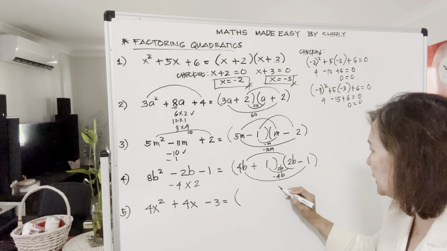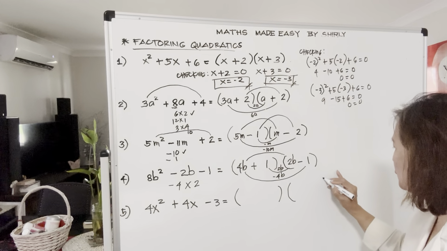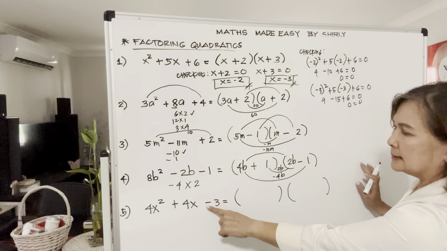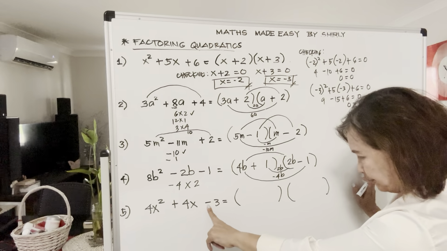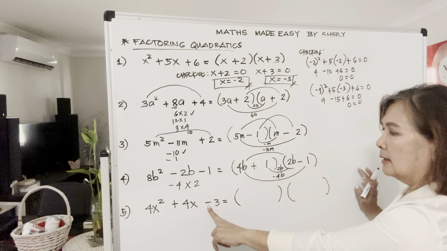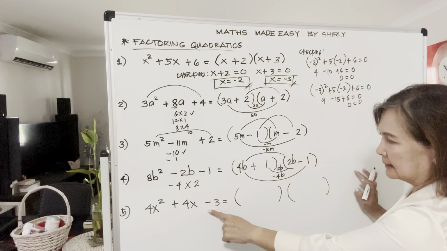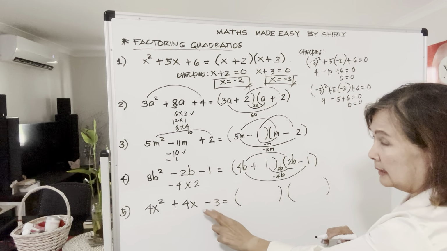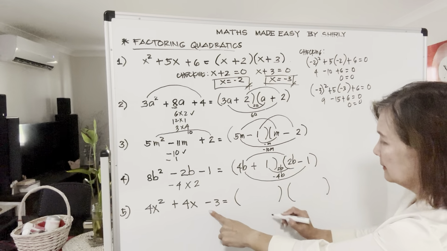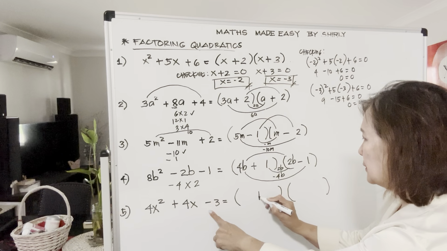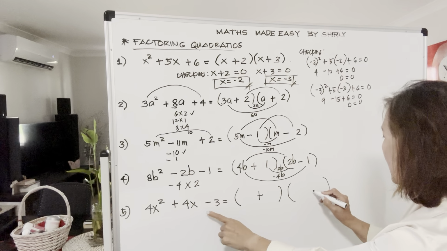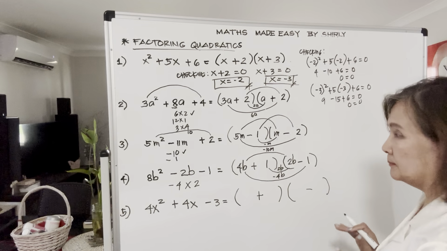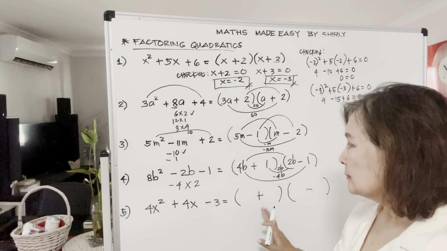Again, we start with two sets of brackets. Again, notice that the last term is negative. When the last term is negative, the factors of the binomials are negative and positive, or positive and negative.